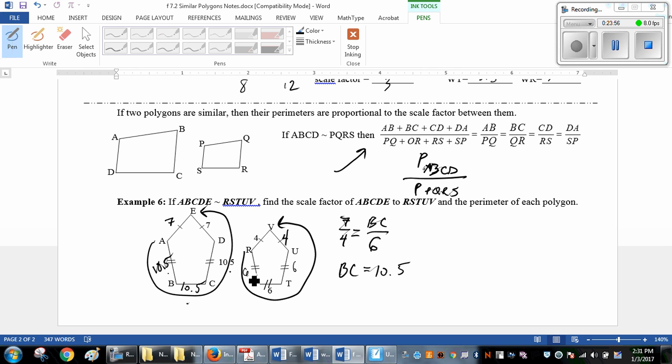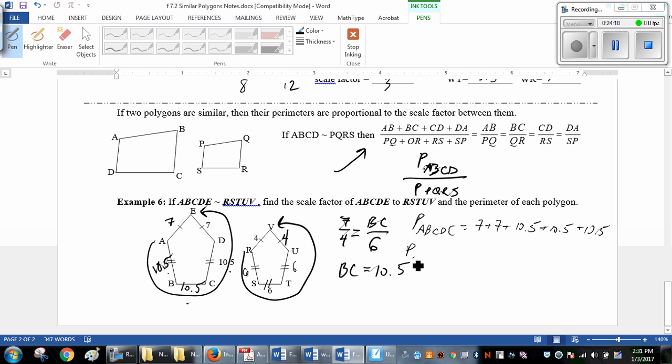All right, so we can find each of these perimeters. Perimeter of A, B, C, D, E equals, add up all the sides. 7 plus 7 plus 10.5 plus 10.5 plus 10.5. Now, if you don't want to write all that, just write 7 times 2 and 10.5 times 3.